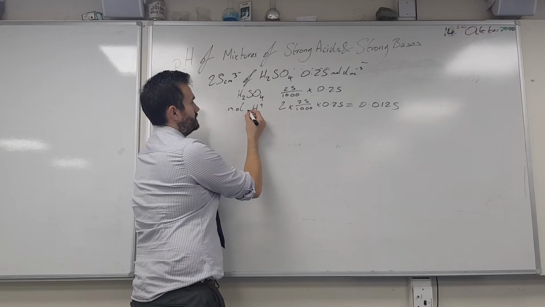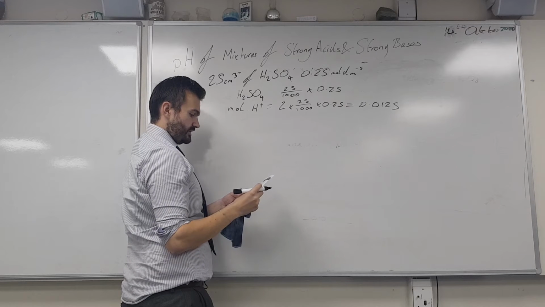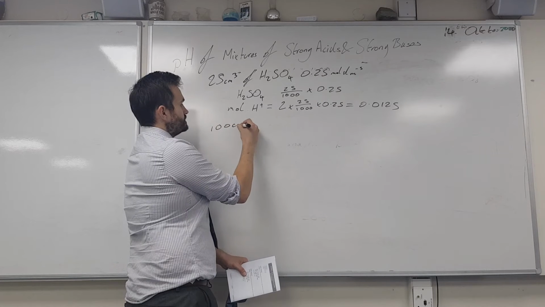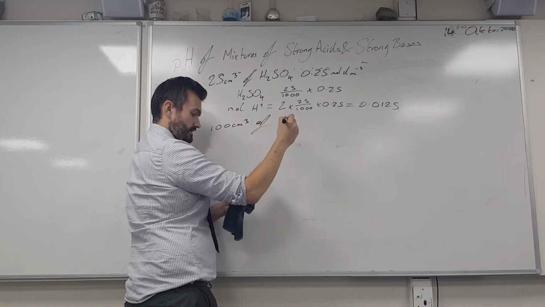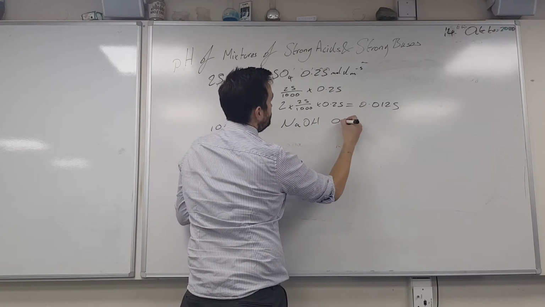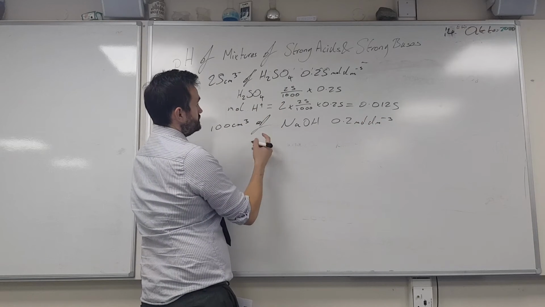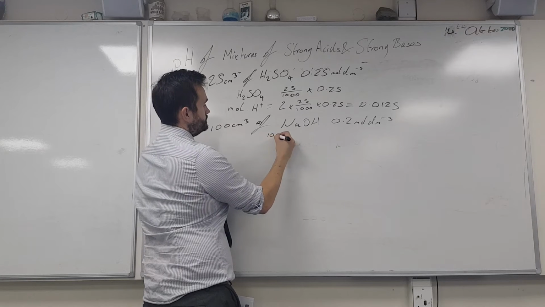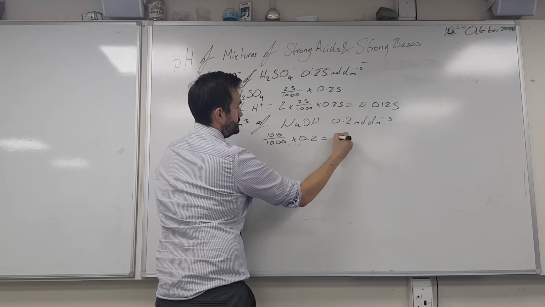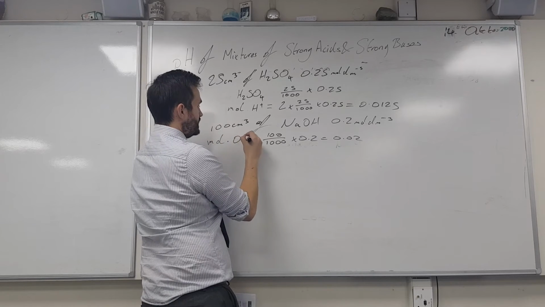So we've now got our moles of H pluses. Now we want the moles of OH minuses. We've got 100 centimetres cubed of NaOH with a concentration of 0.2 mol per dm-3, so we do 100 over 1,000 times 0.2. That is our moles of OH minus.